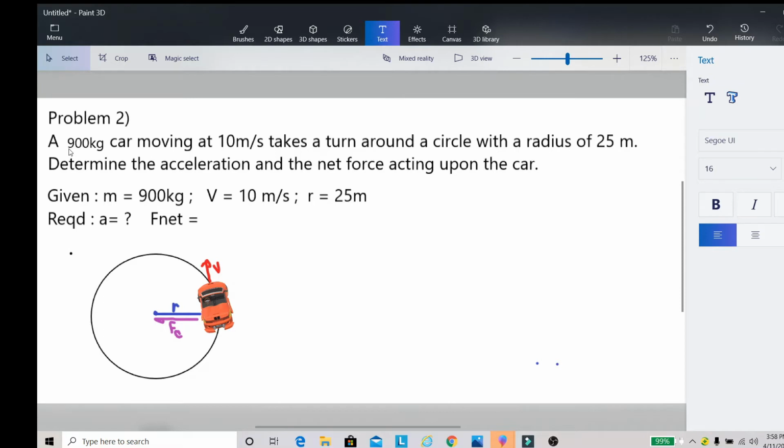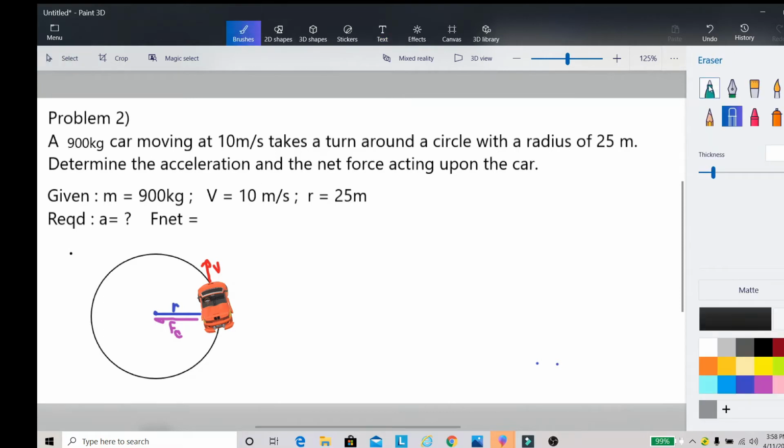We have a given of 900 kilogram, which is the mass of the car, and we are given a velocity of 10 meter per second and the radius of the circle, which is 25 meters. We are asked to determine the acceleration. When we say acceleration, this is a centripetal acceleration and the net force acting upon the car.